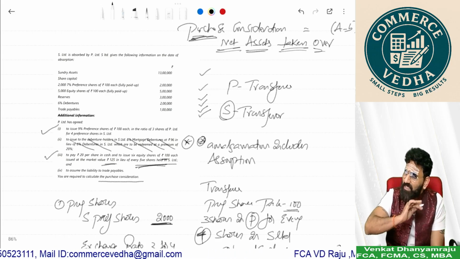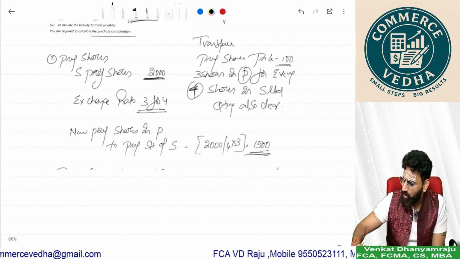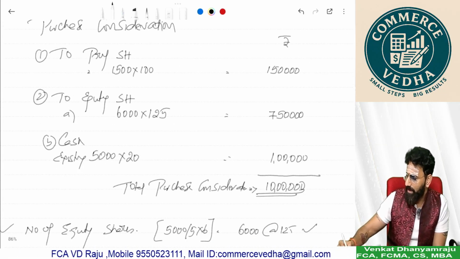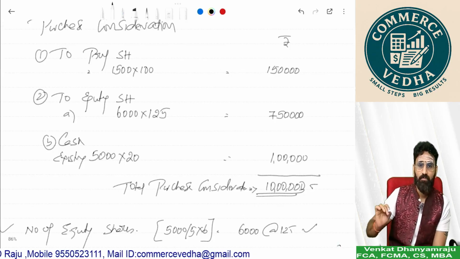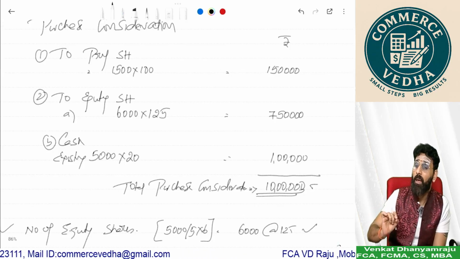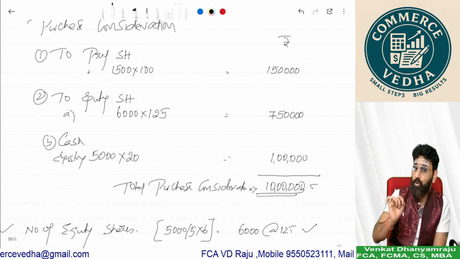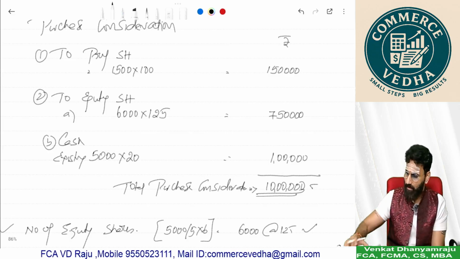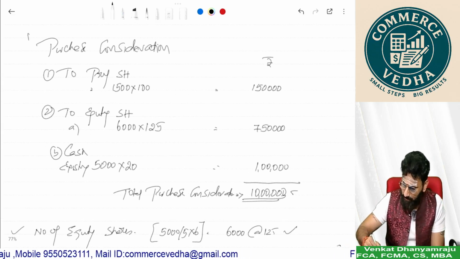So everything is clearly mentioned. We just need to aggregate the total value to identify purchase consideration. This is a simple question on purchase consideration using the net payments method. Hope it is clear. The final answer is this.